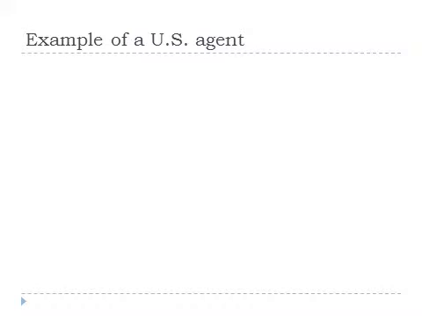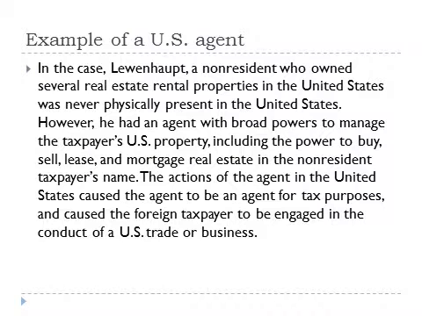Here's an example of actions and activities that make a person an agent. In the case Leeuwenhoek, a non-resident alien who owned several real estate rental properties in the United States was never physically present in the United States.